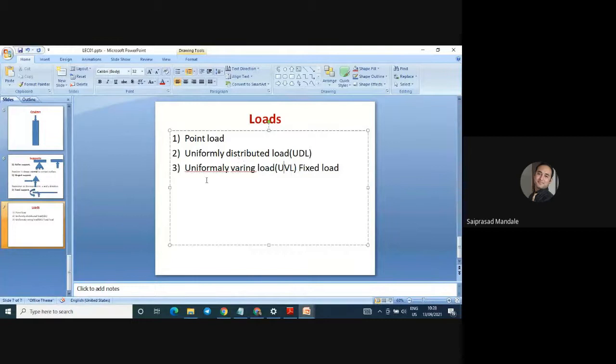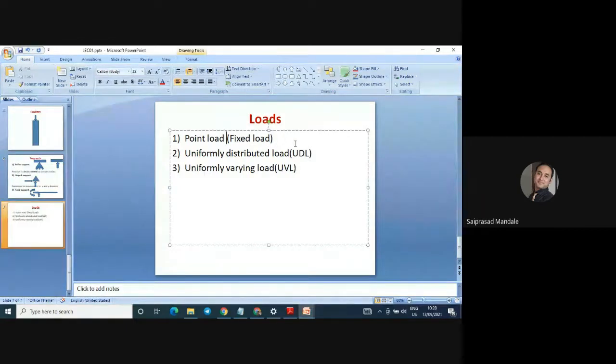So uniformly varying load, uniformly distributed load, and the fixed load, which is your point load. These are the three different types of load acting on the beam.